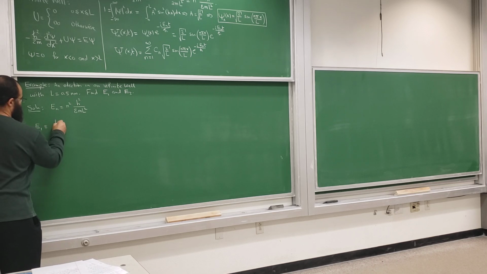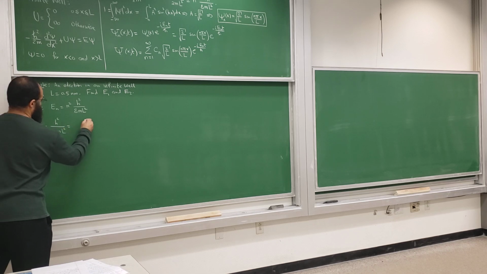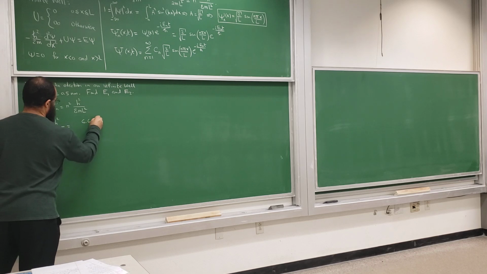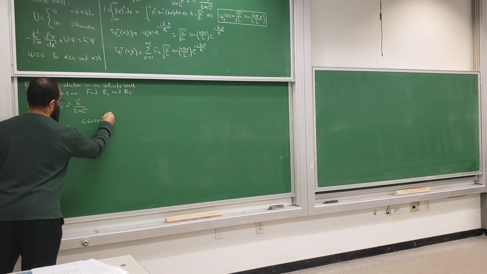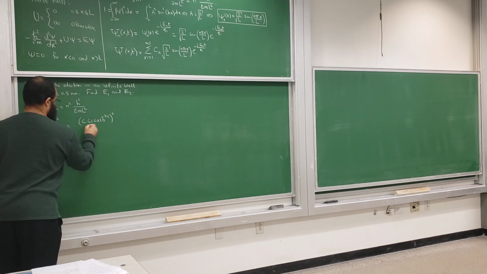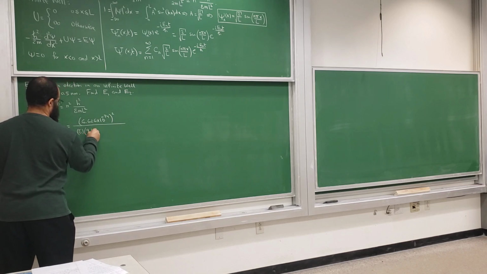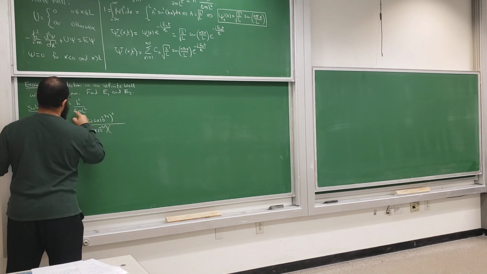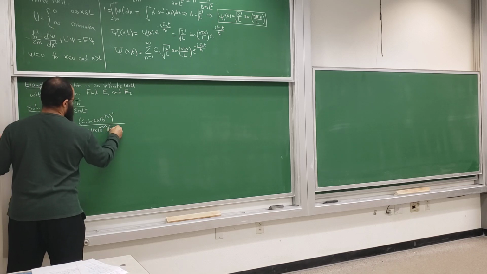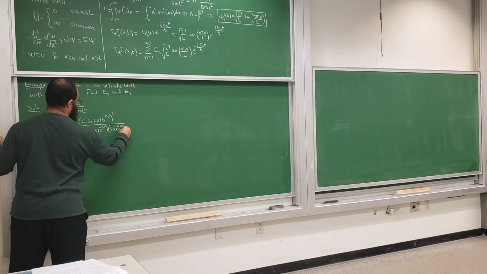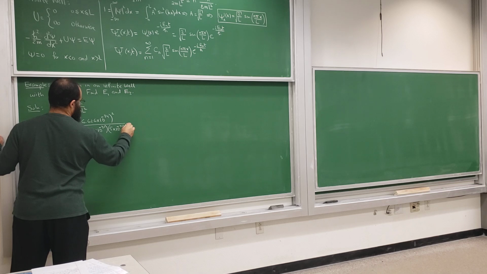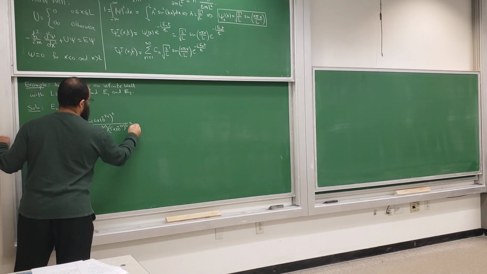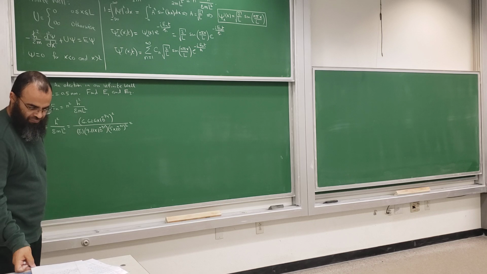So we just have h squared over 8 m L squared, and that is 6.626 times 10 to the minus 34 joule-seconds, squared, over 8 times the mass of the electron, and then the width of the well. This is half a nanometer, that's 5 times 10 to the minus 10 meters, but we have to square. And so we get the energy.